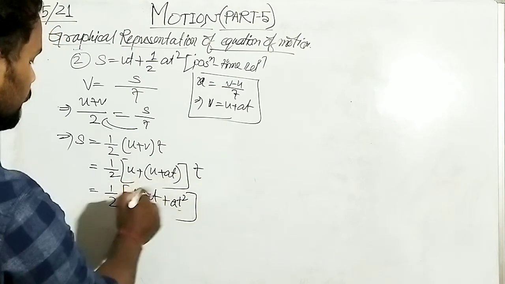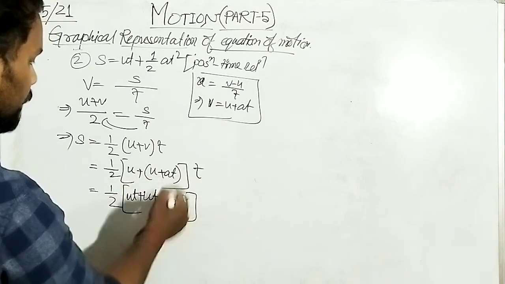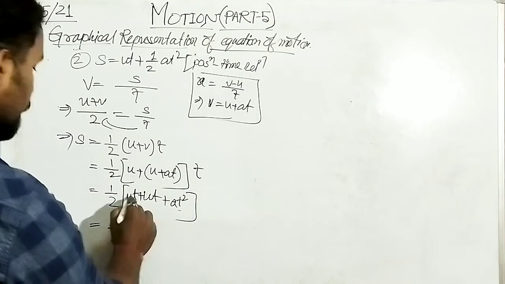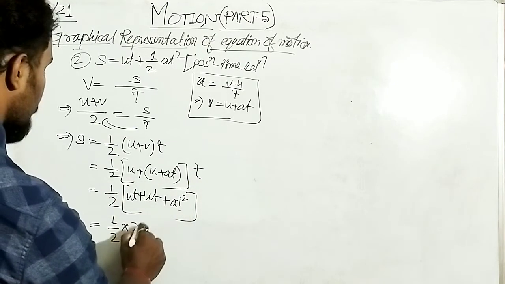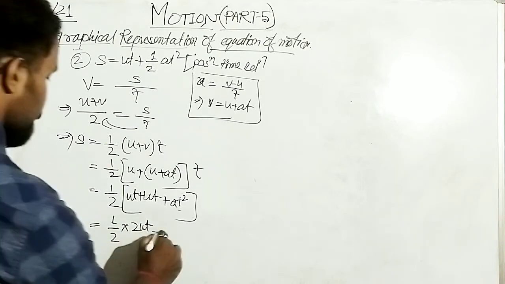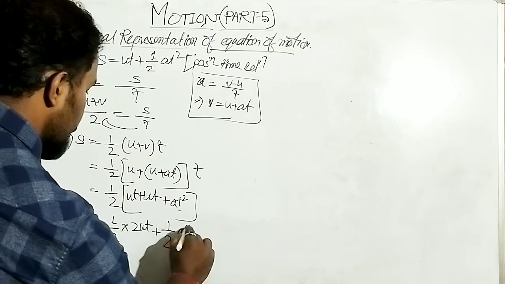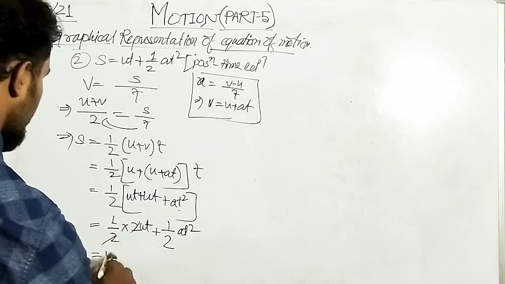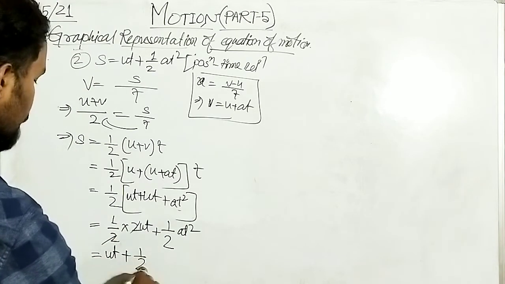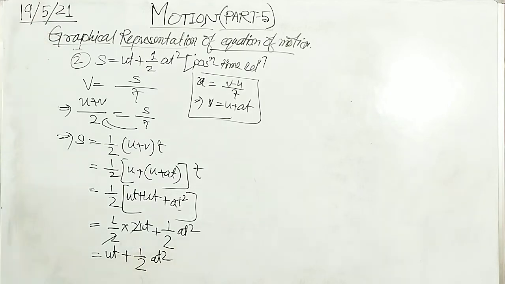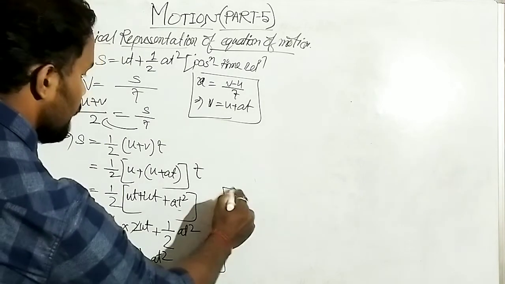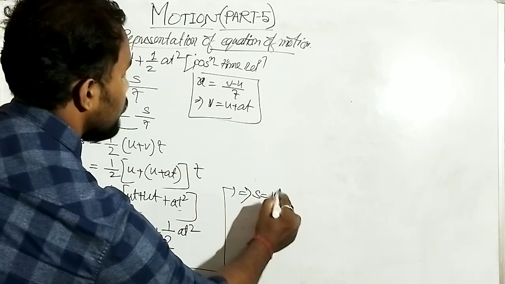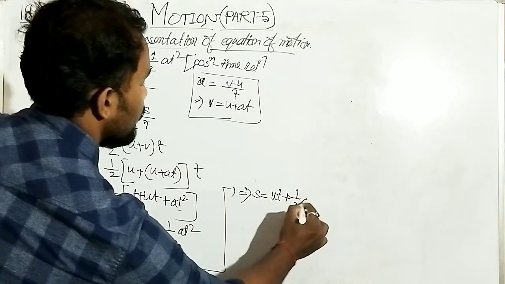Okay, ut, then again ut plus half of at square. Now if you solve, you are going to get half of ut plus ut, it is going to be twice of ut, right? Plus half of at square. Simple. You cut 2 and 2. It is going to be ut plus half of at square. Now you can write here that we have got s equal to ut plus half of at square.